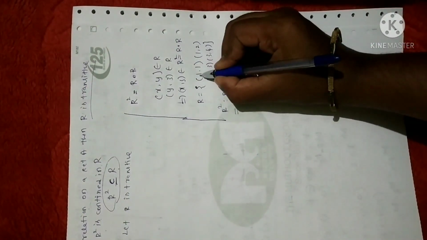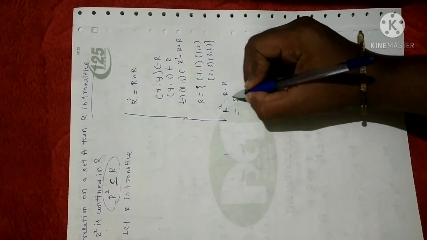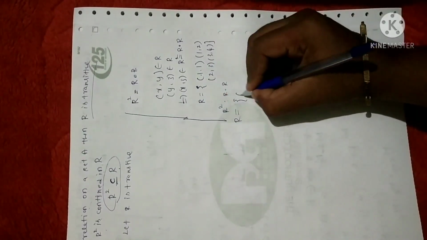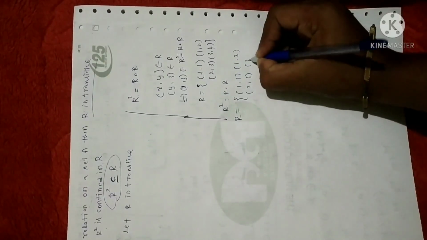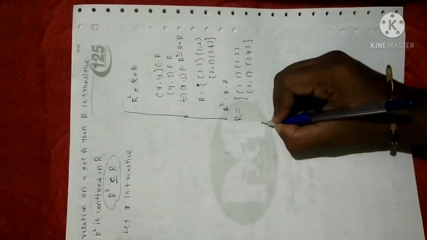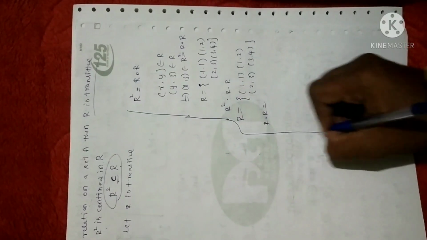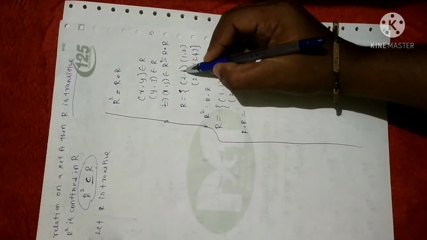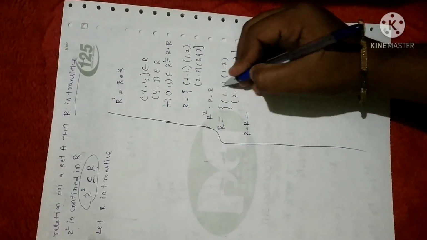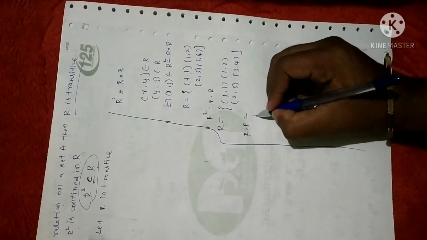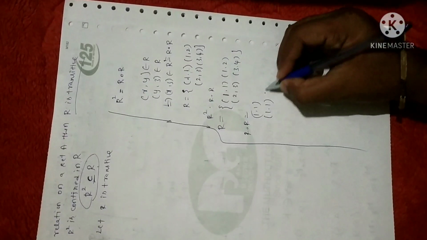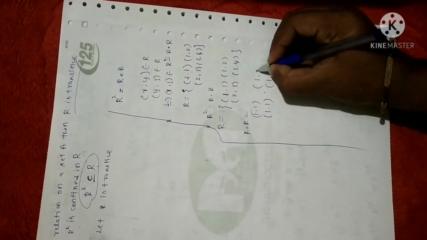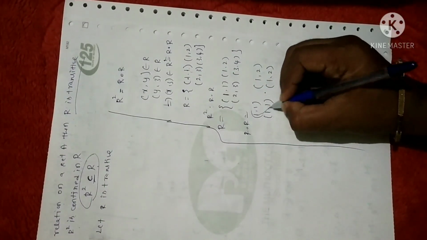So, again, in order to avoid the confusion, let me write the set R once again: 1, 2, 2, 3, 3, 4. Now, composition. When I am going to take 1, 1, I have to look at the element which starts with 1. The possibility is either I have to take 1, 1 here or I have to take 1, 2 here. Fine. So the continuation of element is there.